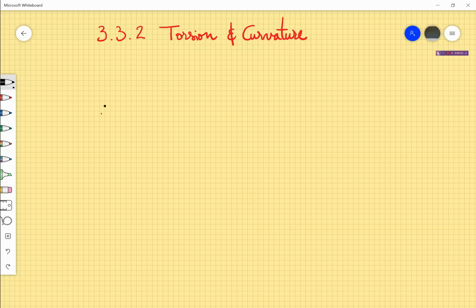So first you choose a base point P, and at that base point you choose two vectors, psi mu and eta mu. You can view these vectors as connecting two infinitesimally close points.